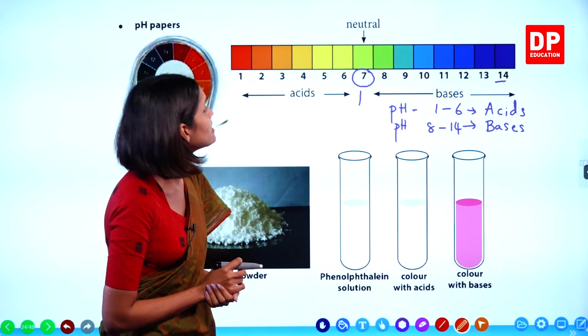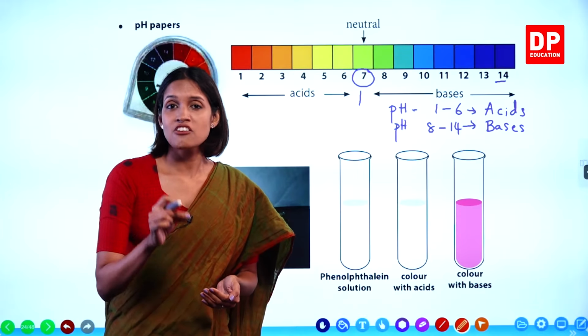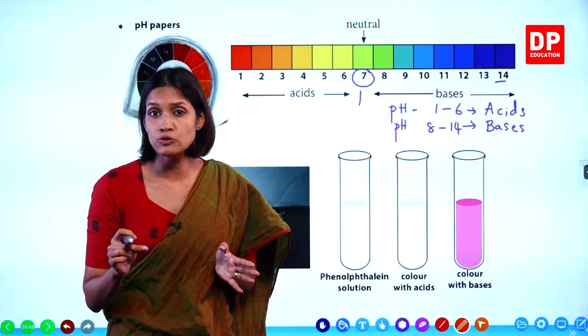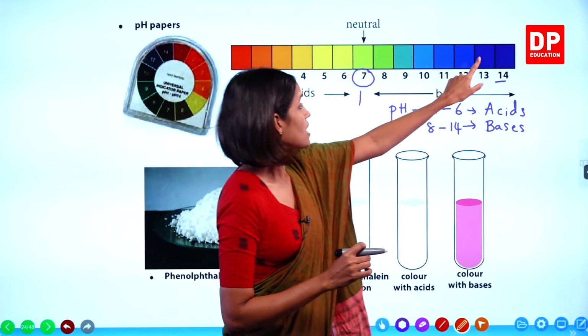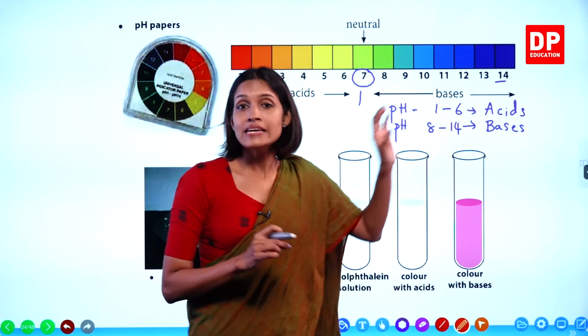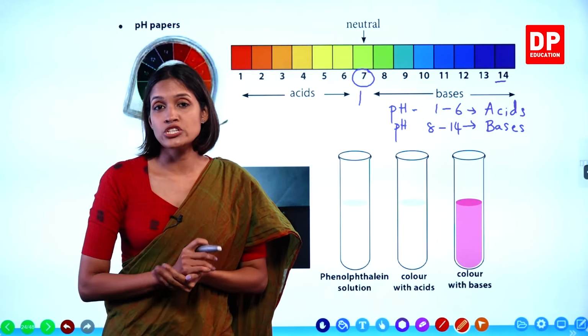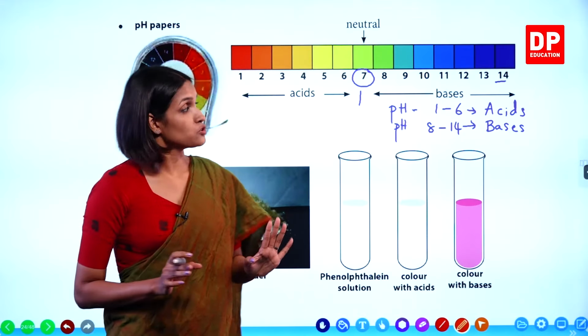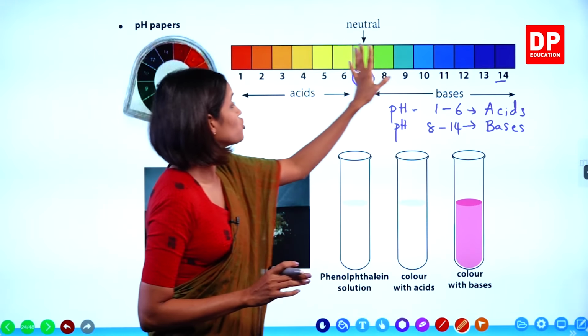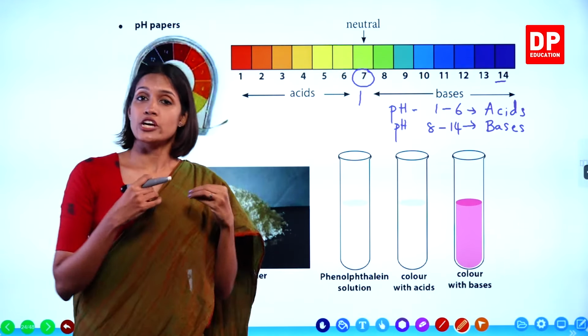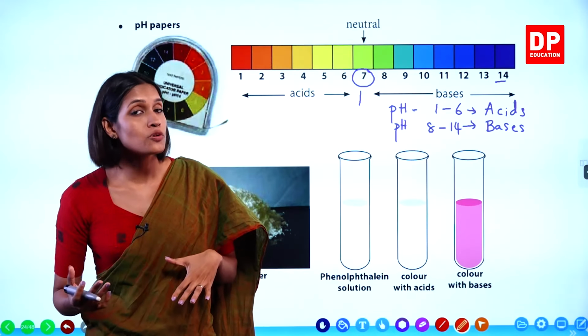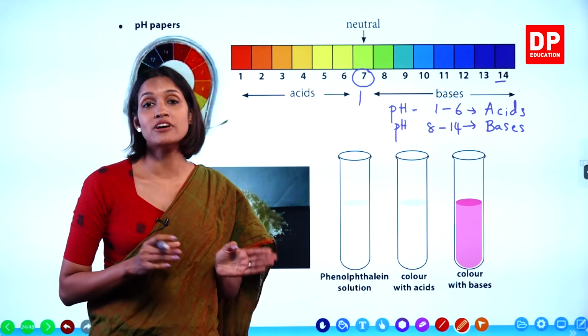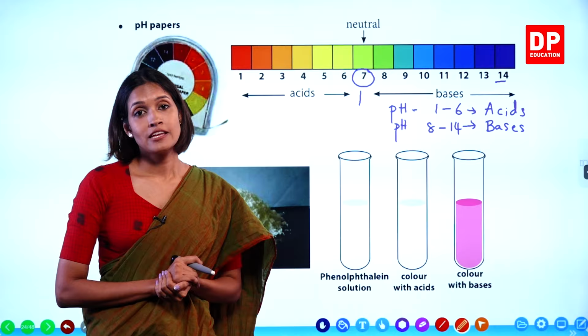So for example, if you immerse a piece of pH paper in a certain solution and if it turns this dark purple color, violet color, it means that particular solution is a strong base. Understand, children? So that is how, using the color code, you can identify what are the strong acids, what are the strong bases, what are the weak acids and what are the weak bases. Right?